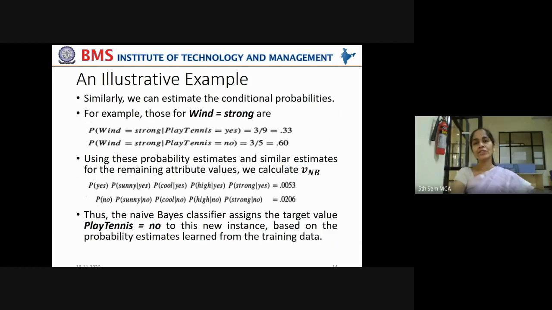Similarly, we can estimate the conditional probabilities also. It is very easy to estimate because everything is given in the training data set, right? For example, let us take a small instance: the probability of wind equal to strong, given the outcome label is yes. Whenever the wind value is strong, along with it, if the outcome label is yes, count them.